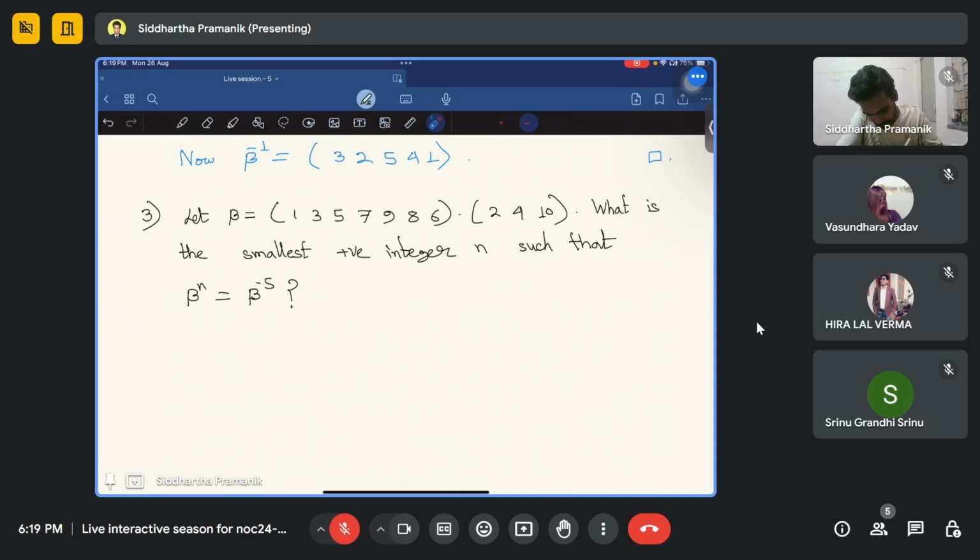So beta is some element in a permutation group. So we need to find the smallest positive integer n such that beta power n equals beta power minus 5.